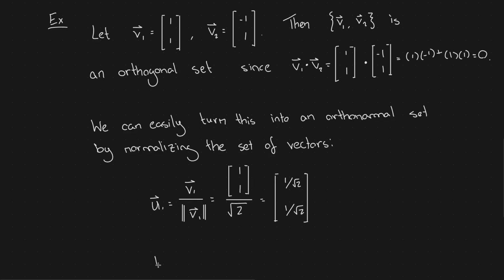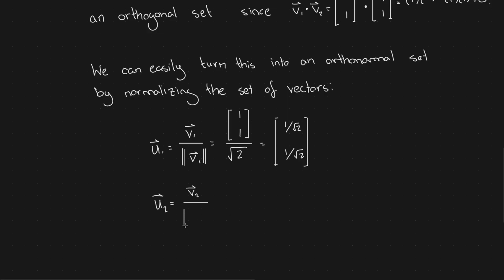And similarly for u2, I'm going to let u2 be my normalized vector v2. So v2 over the norm of v2. v2 was the vector (-1, 1). And the norm of vector v2 is again the square root of 2. So I get (-1 over root 2, 1 over root 2).